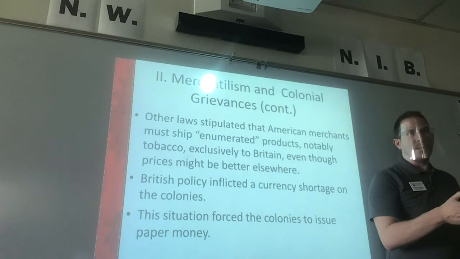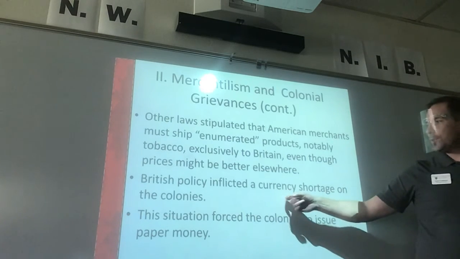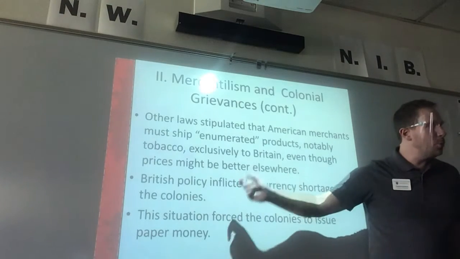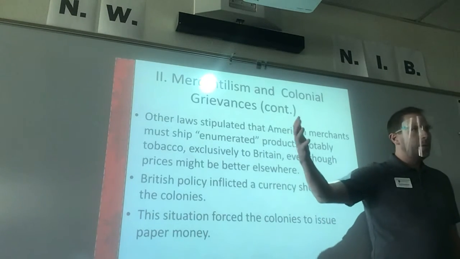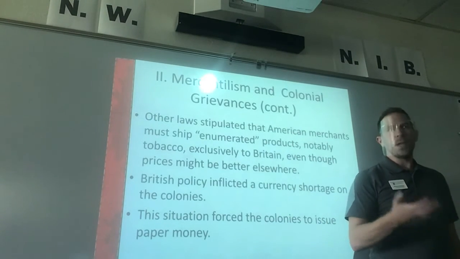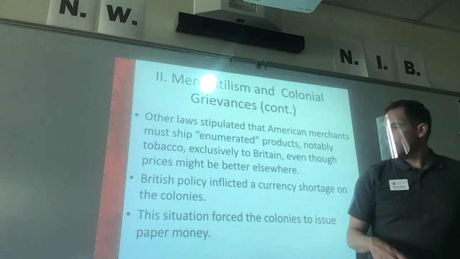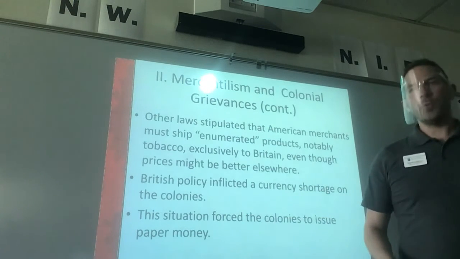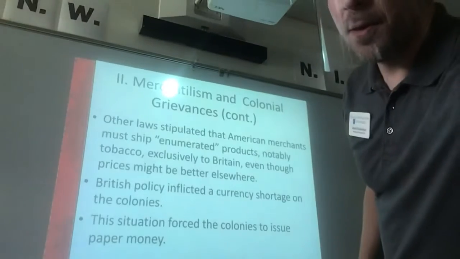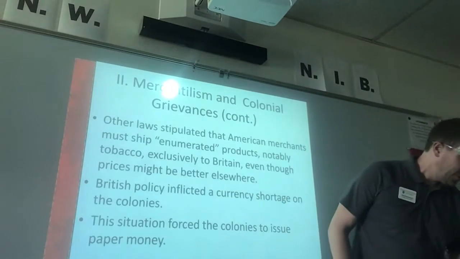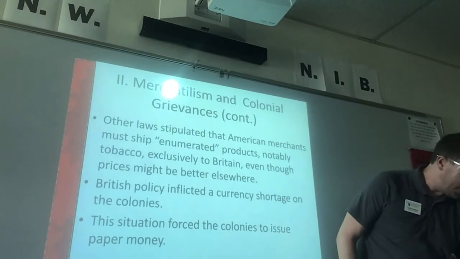But what it also did is currency. It had an issue with currency. Because so much gold and silver is ending up in Britain, it was hard to find a way to create currency and have currency in the colonies. And so they would try to print paper money. However, Britain forbade that.